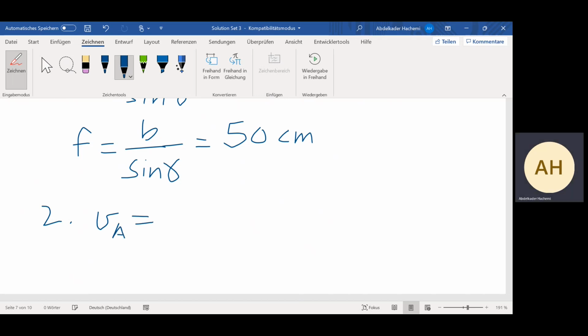VA, by definition in the equation, is valid at any point. Here VA is omega of the system, the rod, multiplied by E.